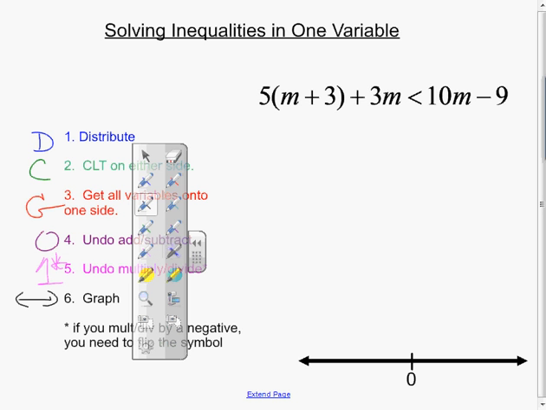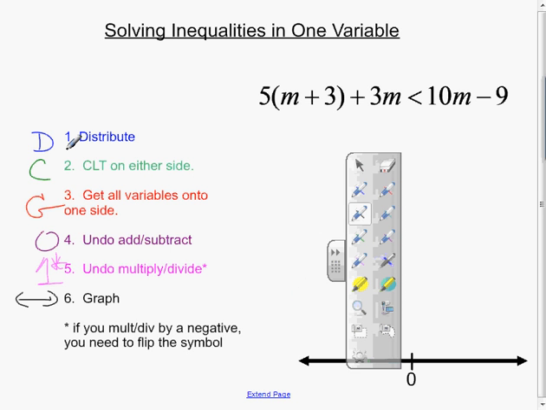D for distribute, C for collect, G for get, 0 for undo, add, and subtract because you're making the number 0 when you undo, add, and subtract. 1 for undo, multiplies, and divides because you are making a 1 when you undo a multiply or divide. And again, if we multiply or divide by a negative, we are in fact going to flip the symbol, being this inequality symbol.